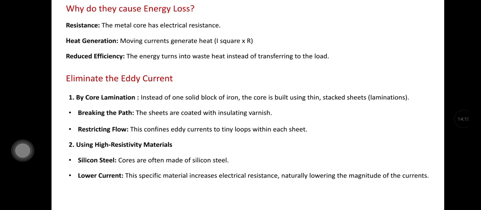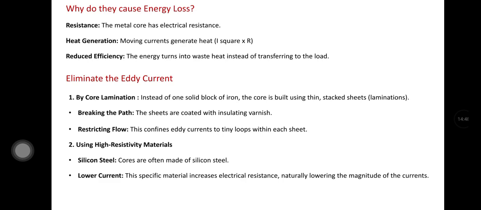And how to eliminate the eddy current? By core lamination. Instead of one solid block of iron, the core is built using thin stacked sheet laminations. Breaks the path: the sheets are coated with insulating varnish, restricting flow. This confines eddy currents to tiny loops within each sheet.